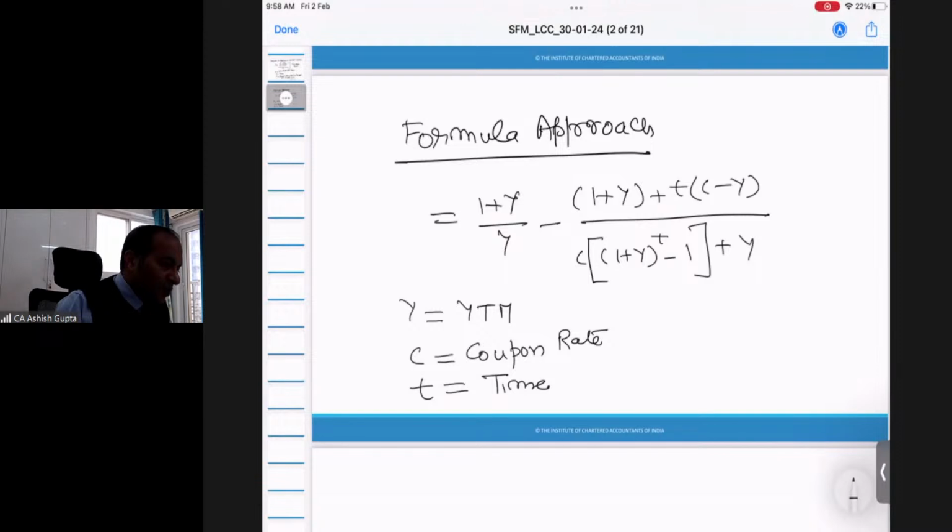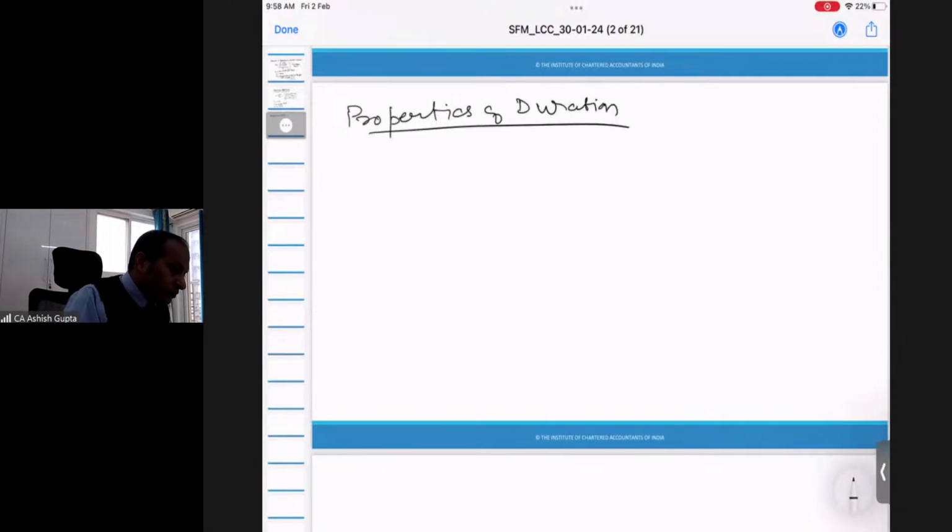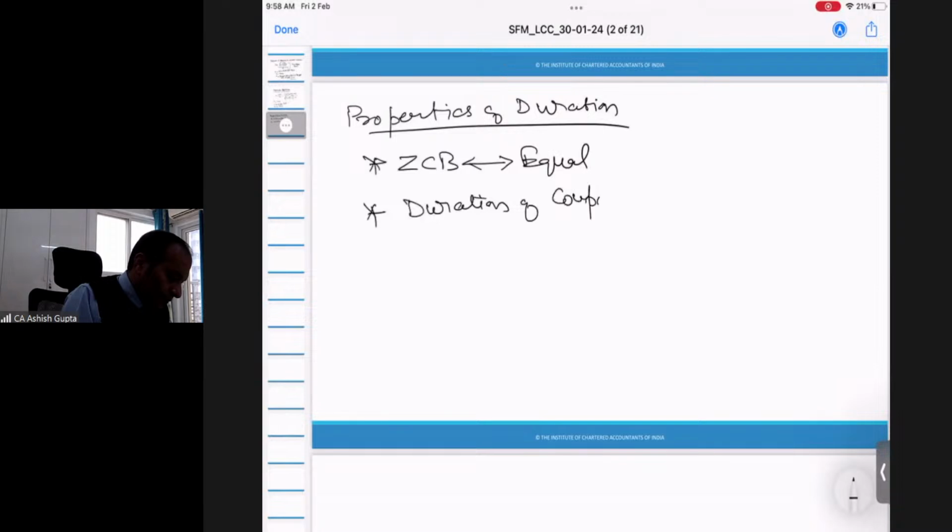Now some of the properties I am discussing with you. First property: zero coupon bond duration is equal to the maturity. Second property: for a coupon bond, duration is less than the maturity period.